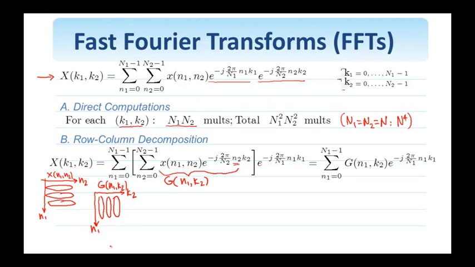So let's see how many computations we need for this row-column decomposition if I directly compute the one-dimensional DFTs. What we've done is to first take N1 N2-point one-dimensional DFTs, and if again directly computed, I need N2 squared multiplications each. And then we take N2 N1-point DFTs, and for that I need N1 squared multiplications each.